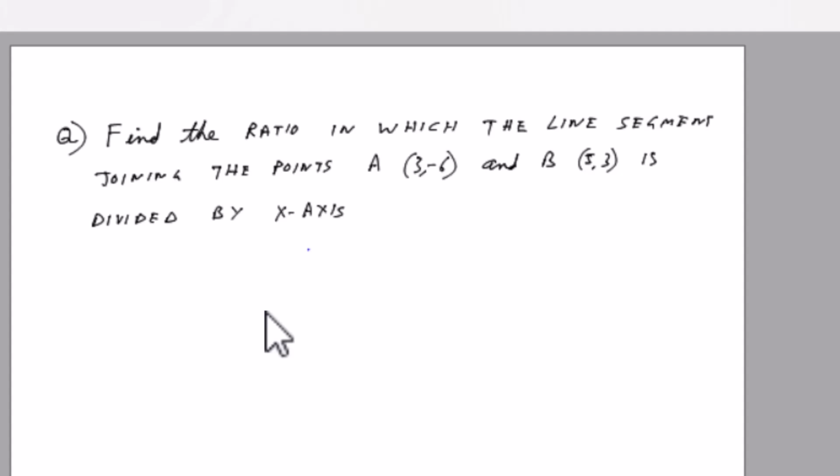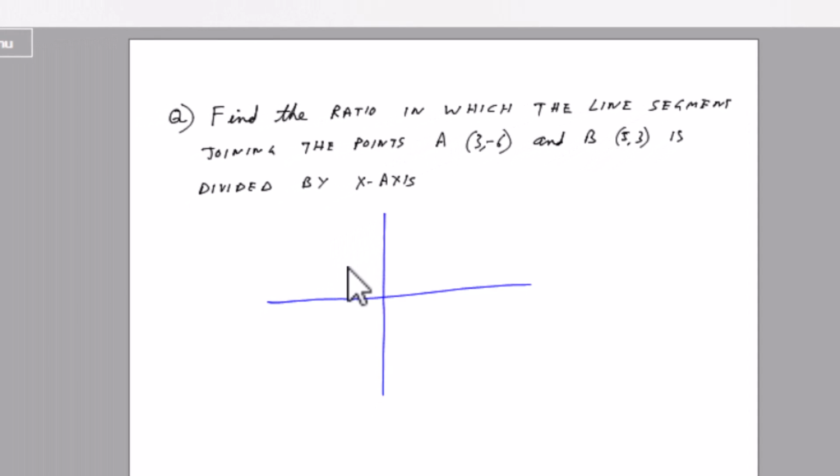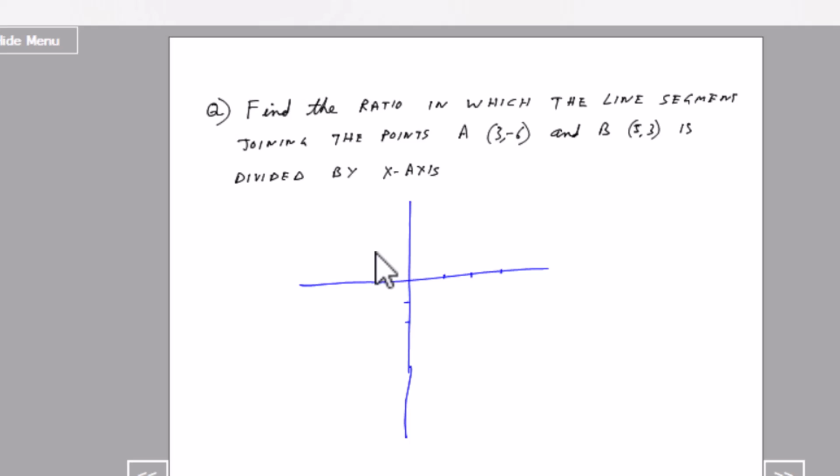So let's draw the x-axis and the y-axis. All right, and we have the point (3, -6). So 3 is on the x-axis, so 1 2 3, and -6 on the y-axis, so I have to go down, 1 2 3 4 5 and 6. So it will be somewhere over here.